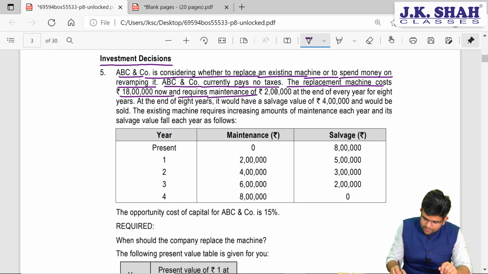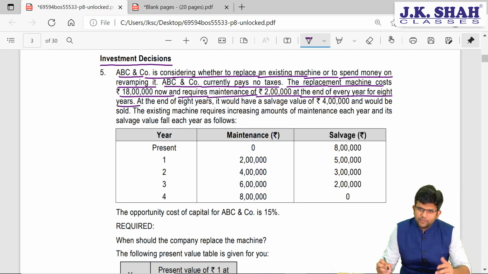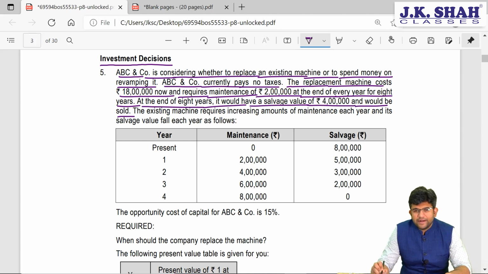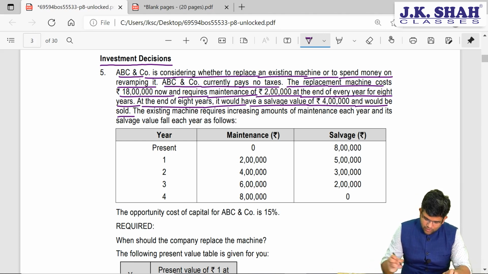It requires maintenance of 2 lakh at the end of every year for 8 years, which means the life of the new machine is 8 years, and for every year you have to incur 2 lakh rupees for the maintenance of that new machine. At the end of the 8th year, it would have a salvage of 4 lakhs and would be sold. So they are saying that once you purchase, then 8 years you use it. At the end of the 8th year, when you no longer require it, when you sell it off, you will get a salvage of rupees 4 lakhs.